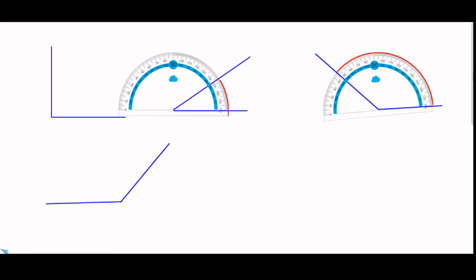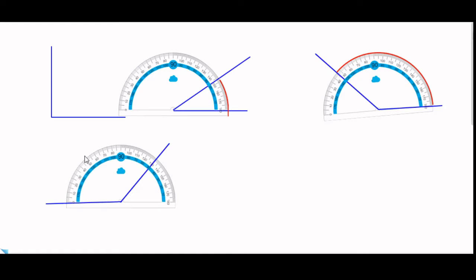There is another angle. Let me measure that angle also. While measuring this angle, I have to take care. From which side should I start counting? In this measurement, look, one arm is here, another is here. So naturally I should start from the left side in this case, as the angle opens from there.